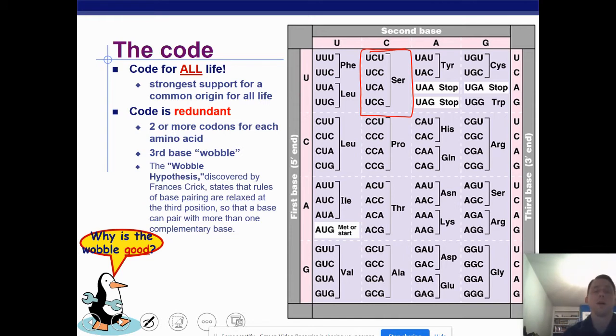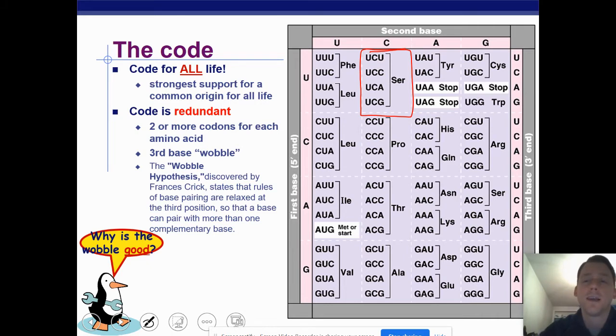Francis Crick, who discovered the wobble, realized that it could have happened, and then evolution could have kept it in there because it helps cover a few mistakes. We see that they don't all have the same amount of wobble.